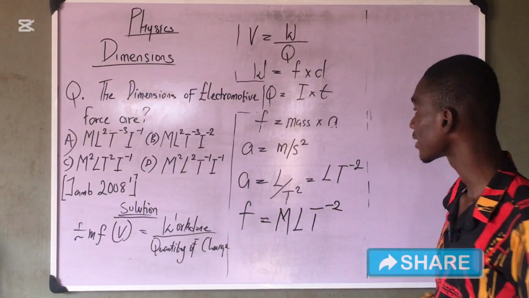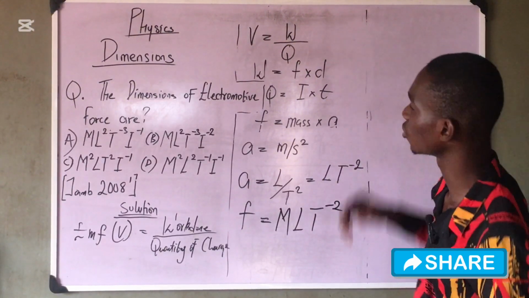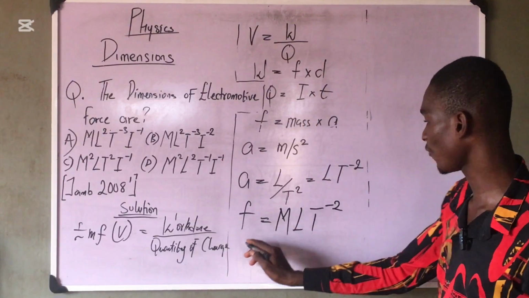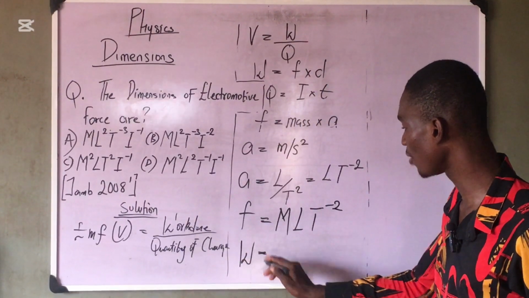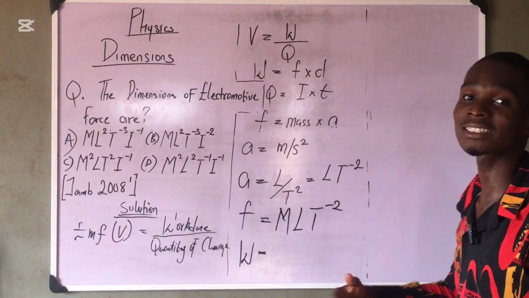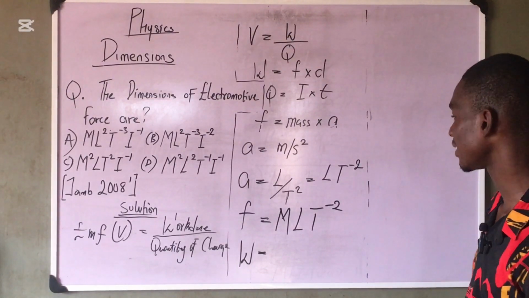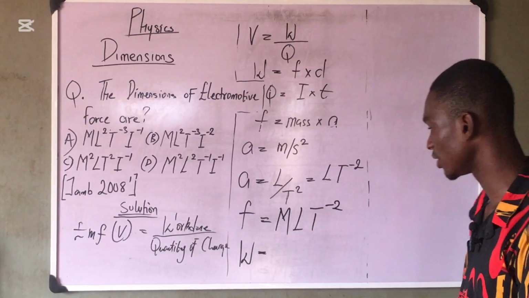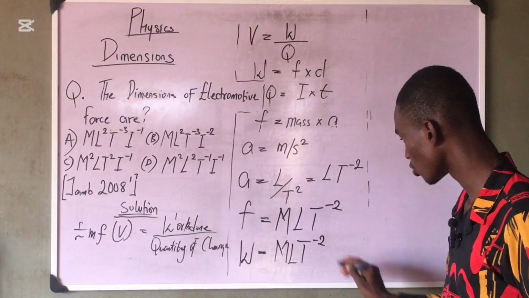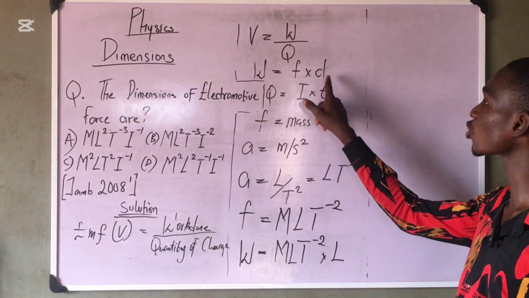Now, let's go back. From having force to be this, we'll now go back again to the work done, where we say that work done is force times distance. Therefore, my work done will now be, what is force? What is distance? The unit of distance is length, and the dimension of distance, length, is L. But already I have my force to be M L T raised to the power of minus 2 times L, which is the dimension of distance.